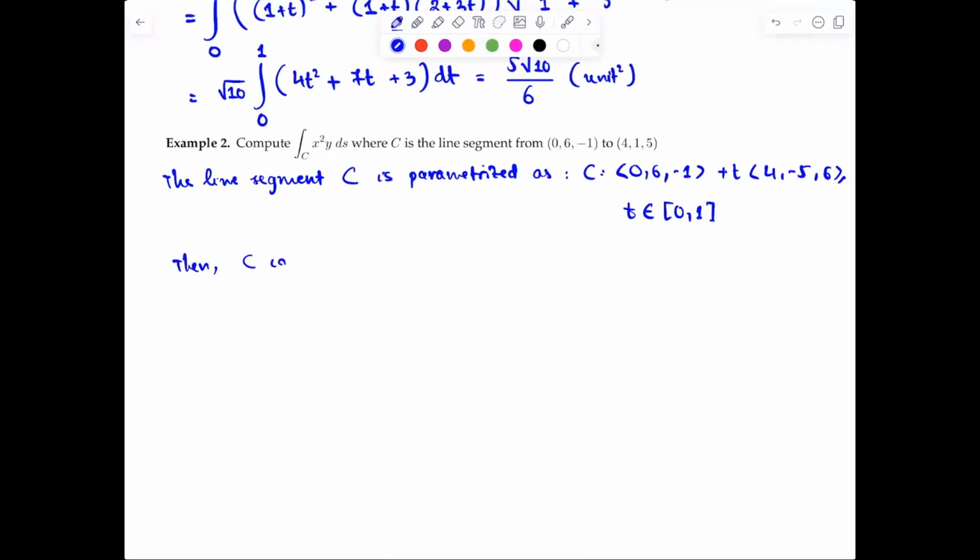Then C can be written as x of t is equal to 4t, y of t is equal to 6 minus 5t, and z of t is equal to -1 plus 6t, again for t between 0 and 1.